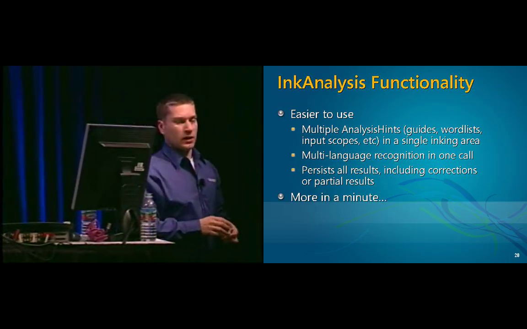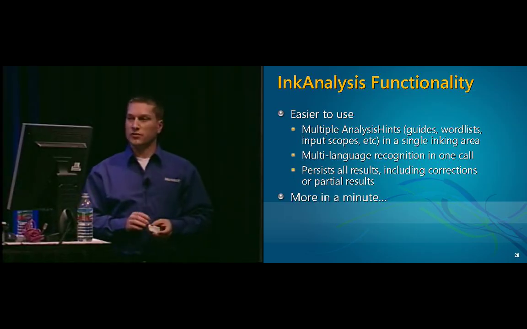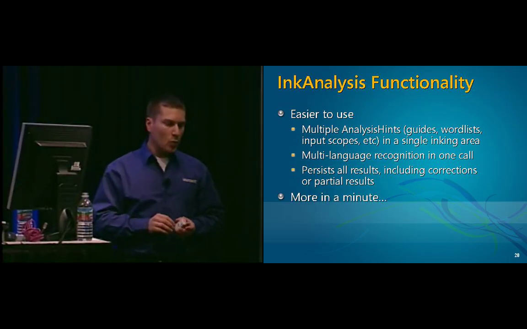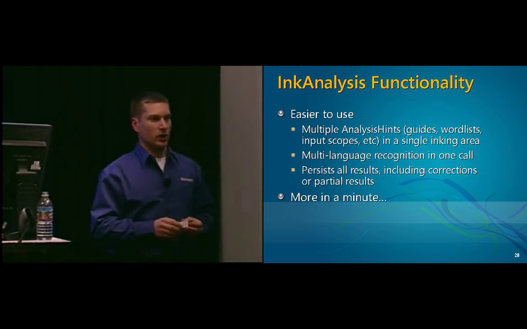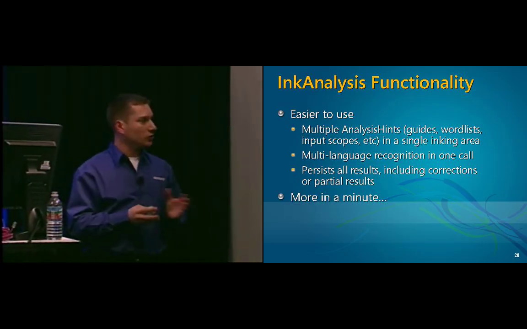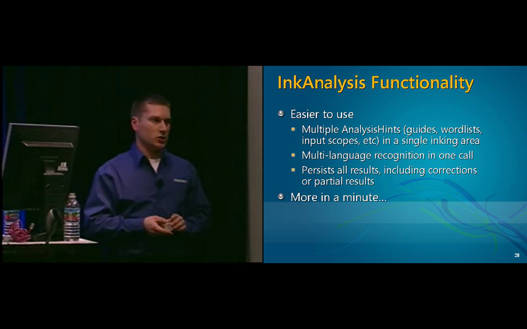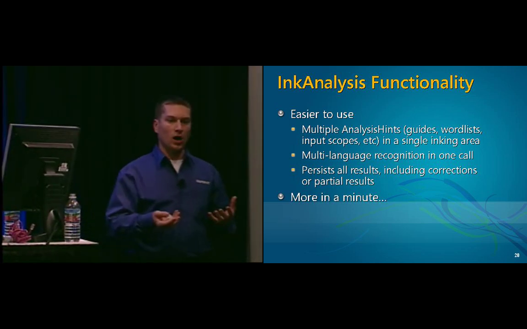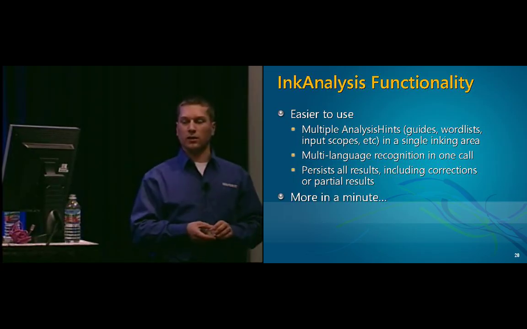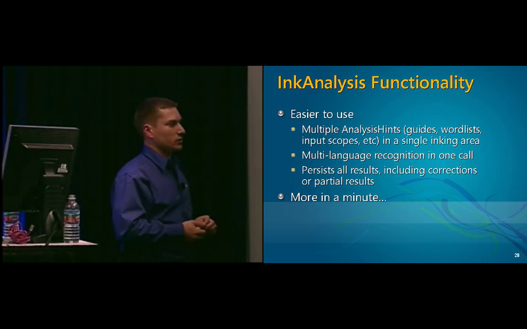Thirdly here is the ability to persist our results. In the first version of the SDK, we did give you the ability to persist recognition results, a little bit buried in the API in terms of how you get to it, but you could do it. Well, with ink analysis, we've basically integrated this into ISF, so you can simply call a save method on the ink analyzer, and it will give you ISF, which contains the results.